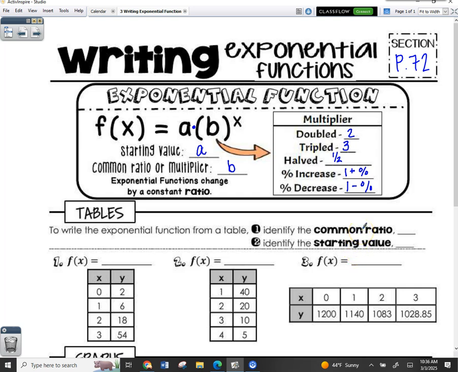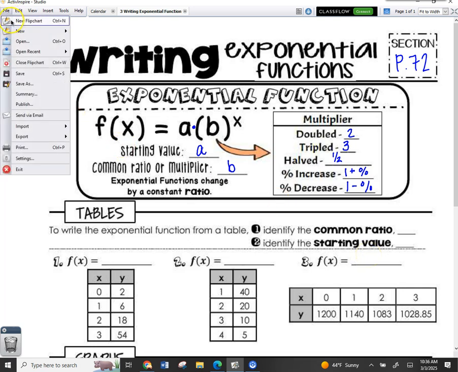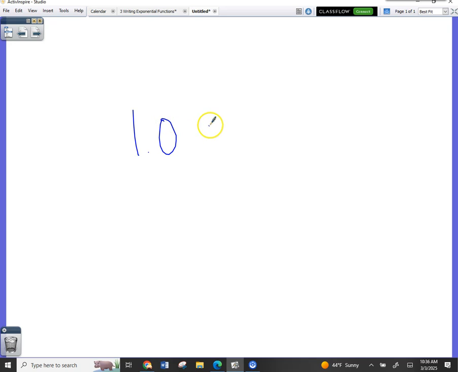Great question. Why do we put 1 and not 100? Your answer starts with a P. Yeah, it has to do with percentage. What does 1 represent in percentage? 1.0 as a percent.